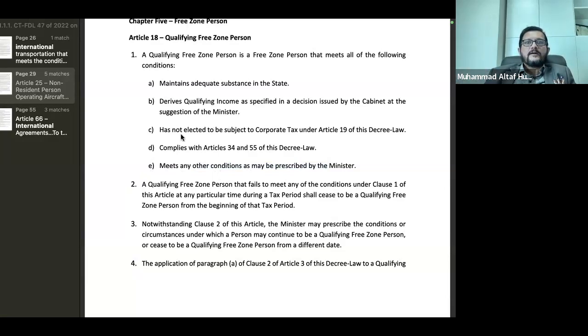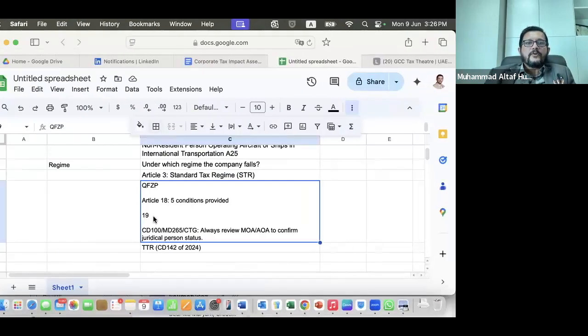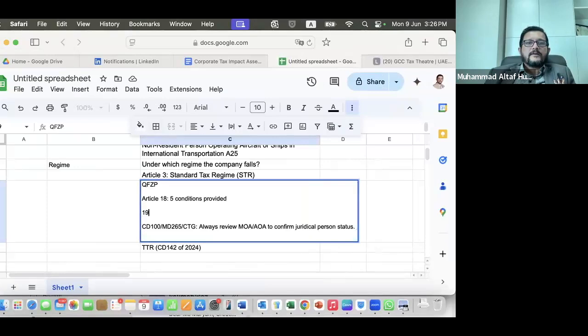Qualifying income should be there. C is Article 19, the option to be taxed under the standard regime, right?